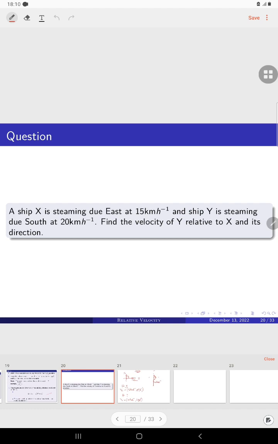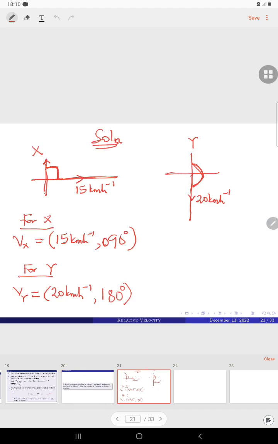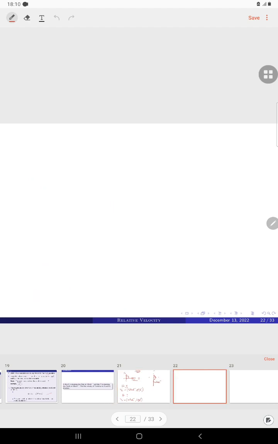We are asked to find the velocity of Y relative to X, okay? So why don't we write an expression for that? How do we write velocity of Y relative to X? Velocity of Y relative to X is given by Vy plus the minus of what? Vx. So simply Vy minus Vx.